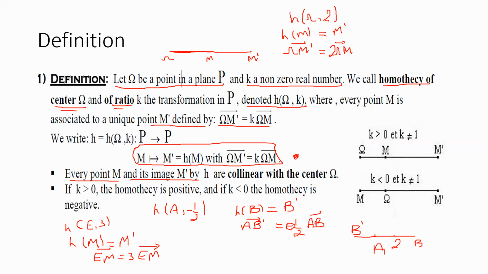So M prime and omega are collinear, with K less than 0, and K different from 1.